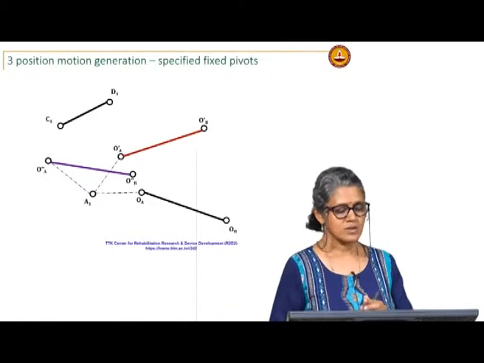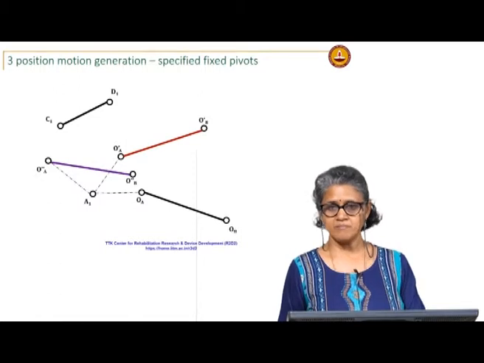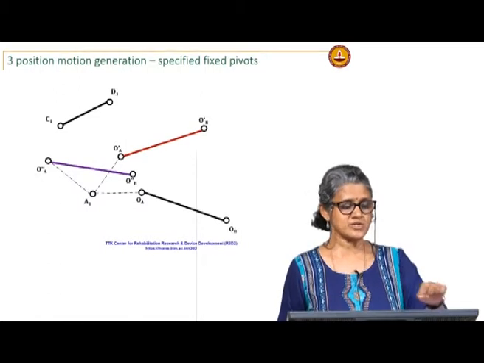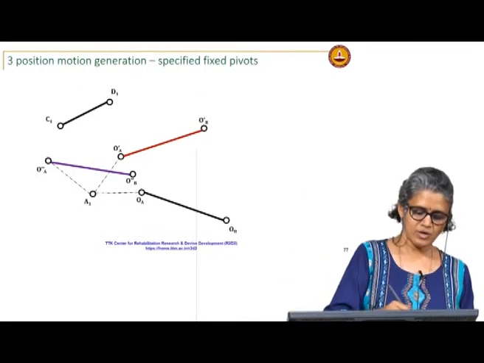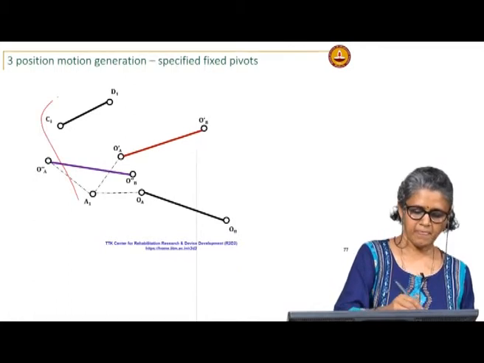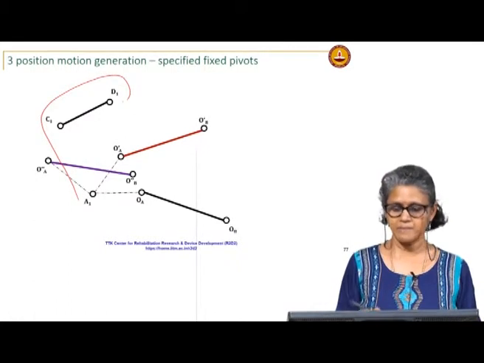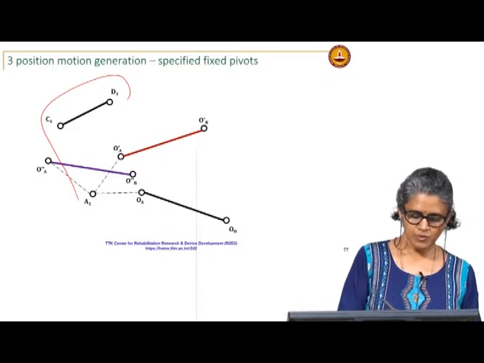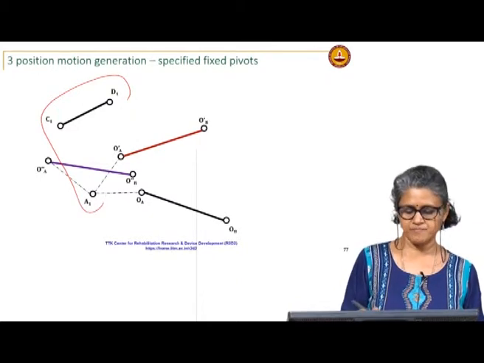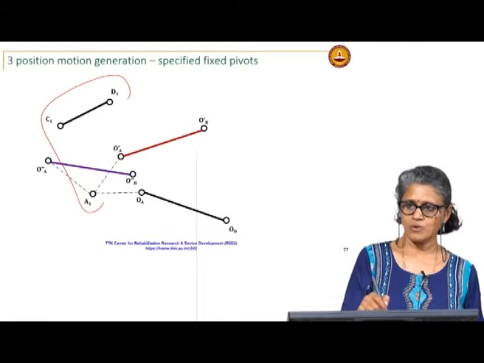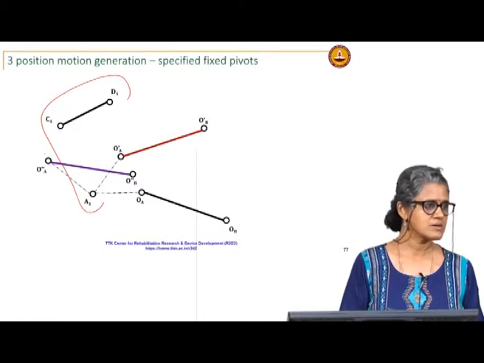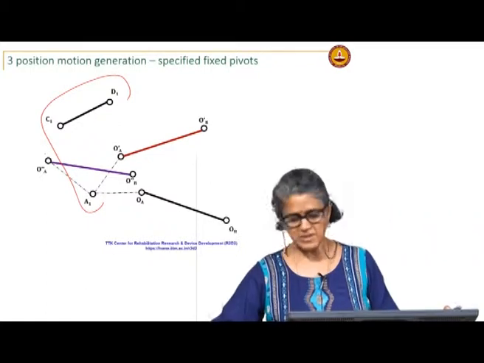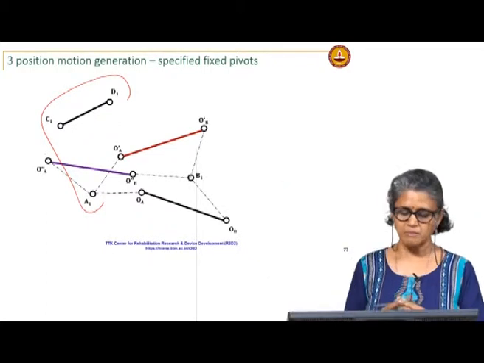So the point A1, if it was located on this body, okay, would be the point about which OA moves about a circle. Okay. Similarly, B1.